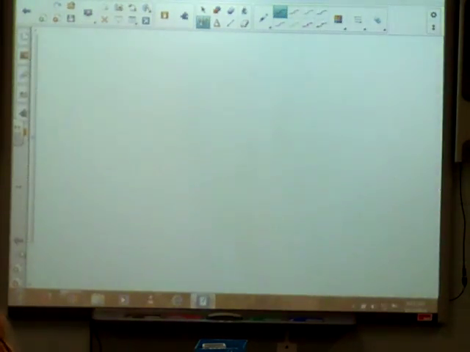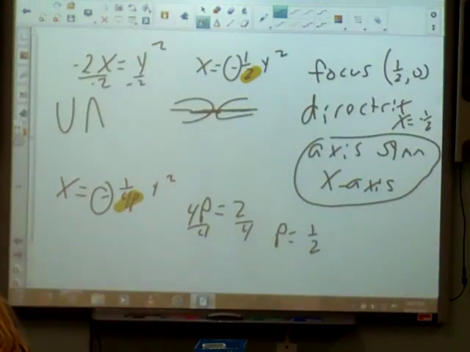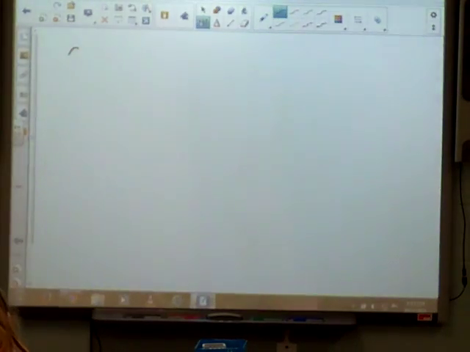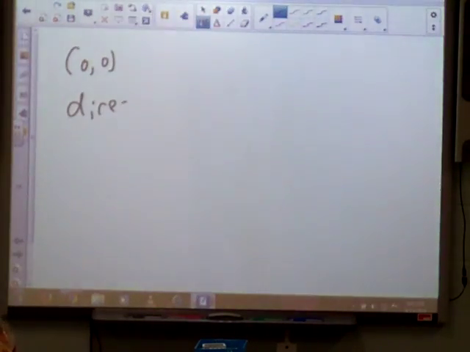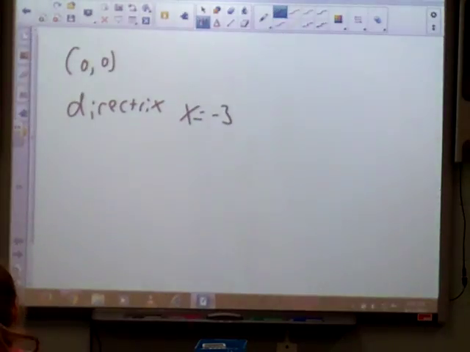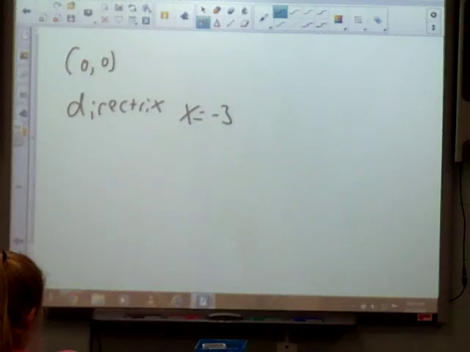We're going to do a vertex at (0, 0), and a directrix of x equals negative 3. Alright. So this one we want to write the equation for the parabola. So my directrix is negative 3, and it says it's x equals negative 3.